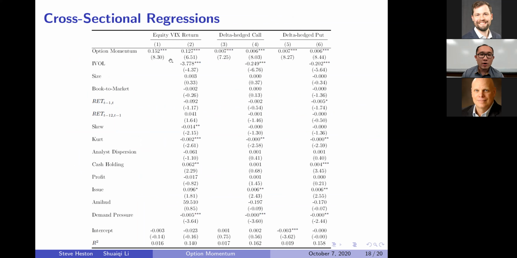And controlling for all the other characteristics only slightly changes the coefficient estimate and the t-stats of the option momentum variable. For delta hedged call or put return, we get the same pattern with similar t-stats. So this is a robustness check to make sure that momentum cannot be fully explained by other option return predictors.